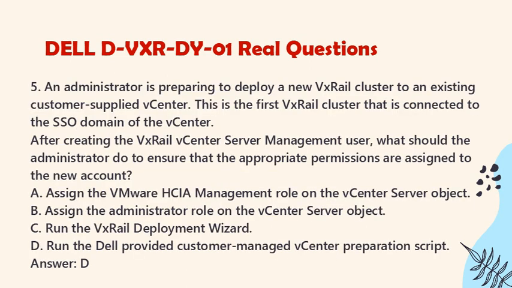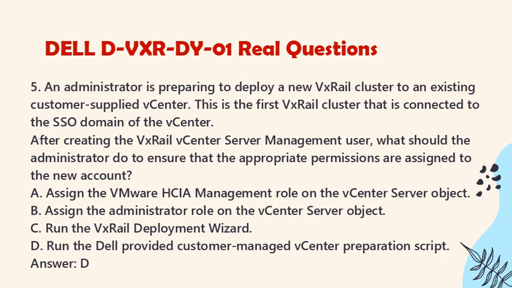5. An administrator is preparing to deploy a new VxRail cluster to an existing customer-supplied vCenter. This is the first VxRail cluster that is connected to the SSO domain of the vCenter. After creating the VxRail vCenter Server management user, what should the administrator do to ensure that the appropriate permissions are assigned to the new account?